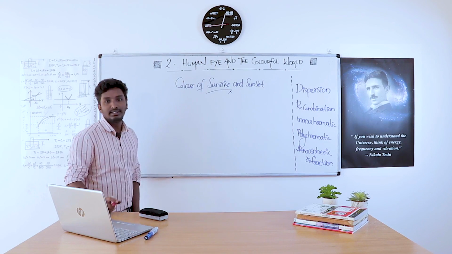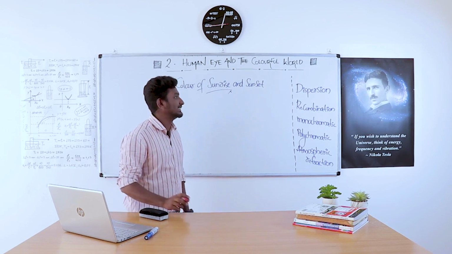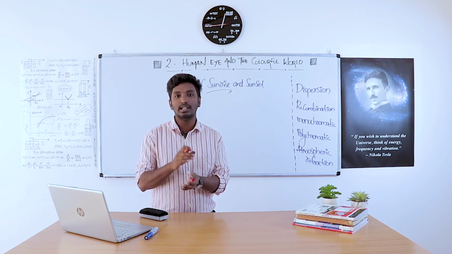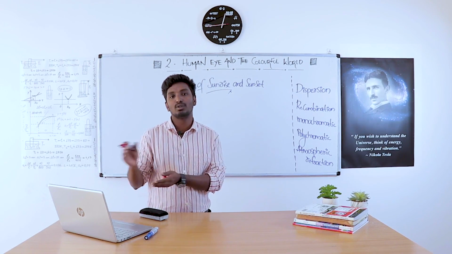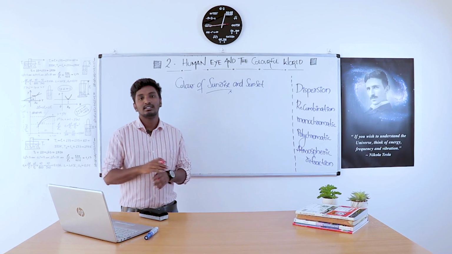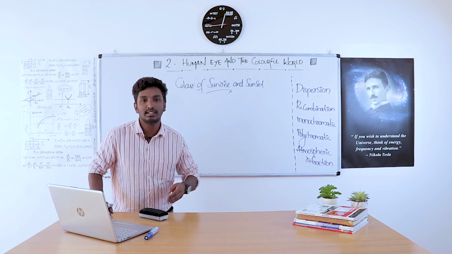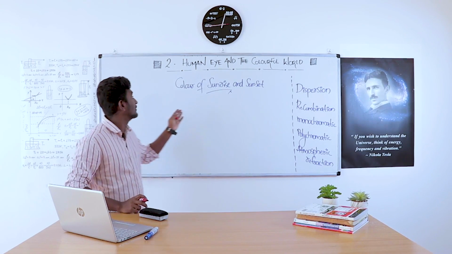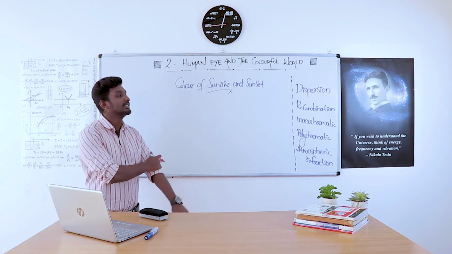You all know that during sunrise and sunset, the sun is seen as a reddish color, or a yellowish orange color, or an orange reddish color, something similar to a red color. How this happens, we are going to explain: the color of sunrise and sunset.